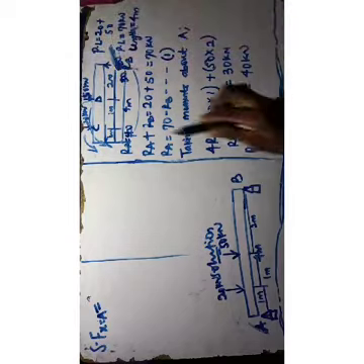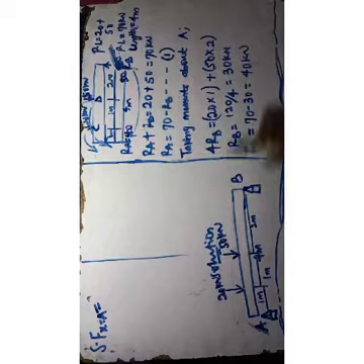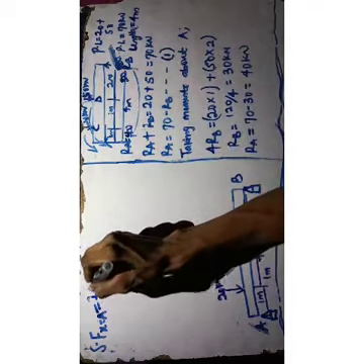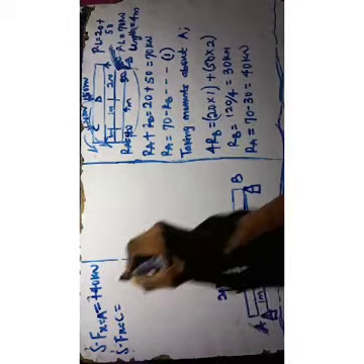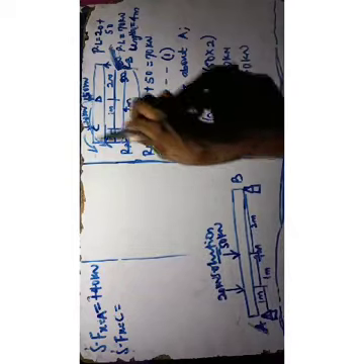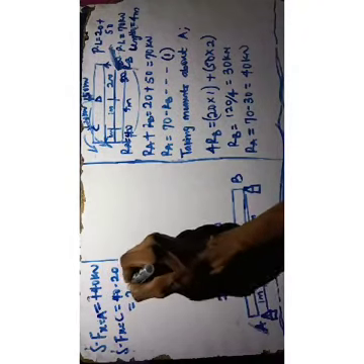So our shear force will be equal to RA, which is plus 40. Our shear force at x equal to C will be 40 minus the 20, that will be equal to plus 20 kilonewton.